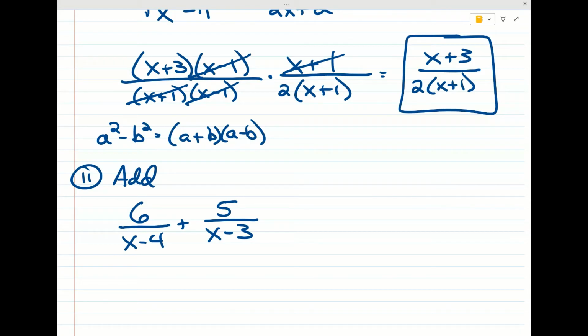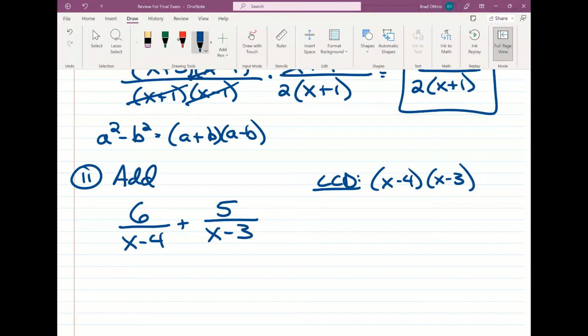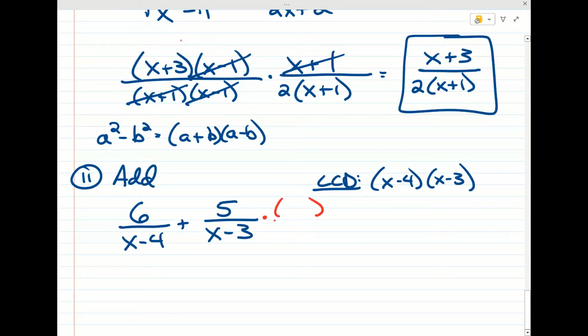All right, so for this problem, the way we add rational expressions is we have to get a common denominator. So our least common denominator needs to have a factor of x minus 4 and x minus 3. So we're going to force that to be in common by multiplying the numerator and the denominator of each fraction by whatever is missing. So the one on the right needs an x minus 4.